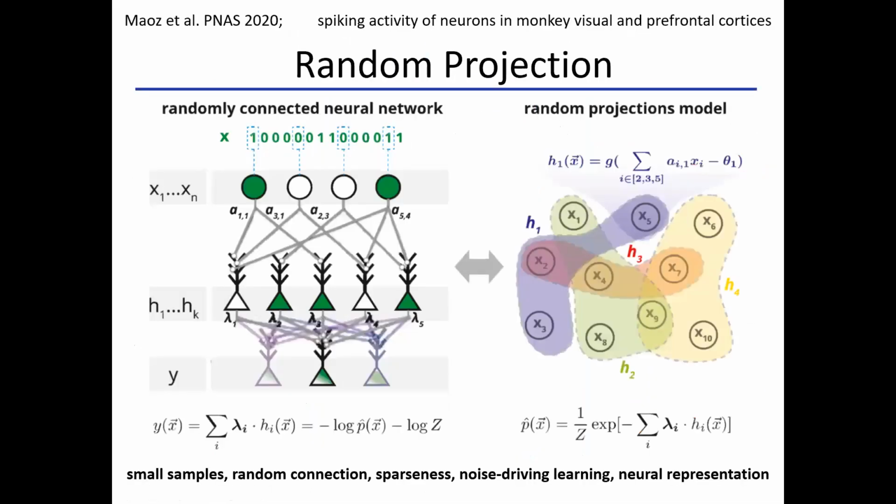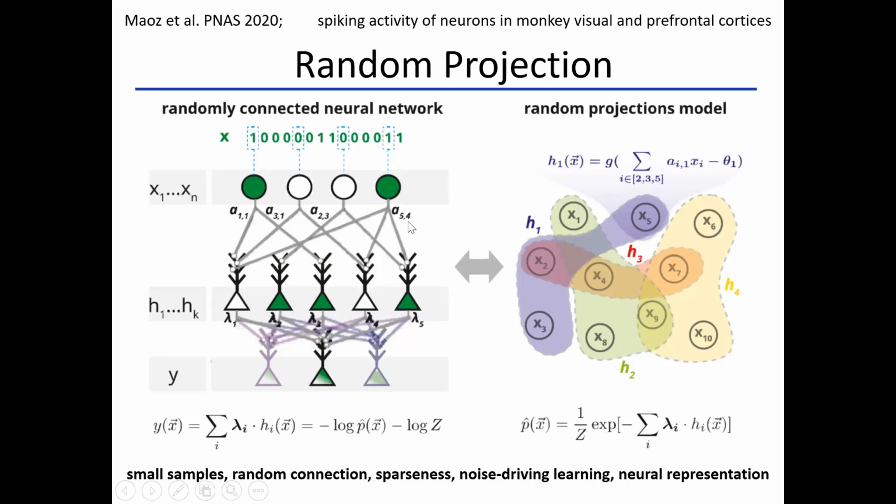For the random network, I recently read a paper that I think is very interesting. I can share it with you. It found that in the monkey, a primate, a random neural network can represent the monkey's memory. So I think we can say this is the biological background of reservoir computing.